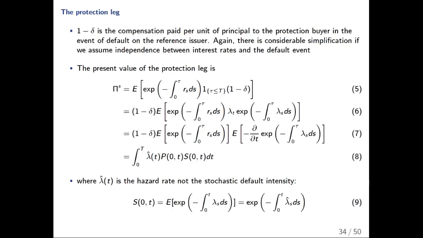In the Vasicek world, what was the solution to this? In the Vasicek world, the solution to this was the exponential of a plus b r_t, where a and b were functions.